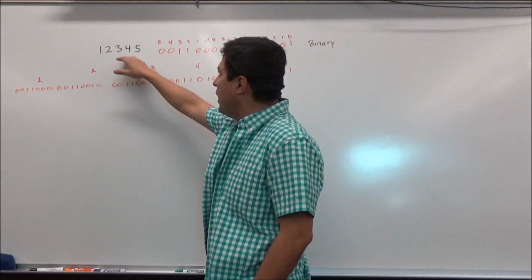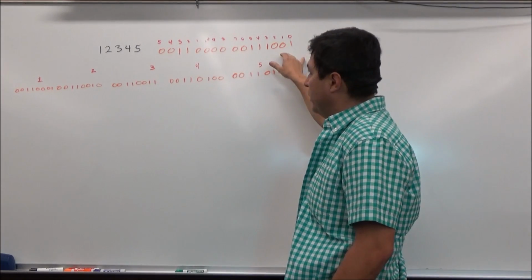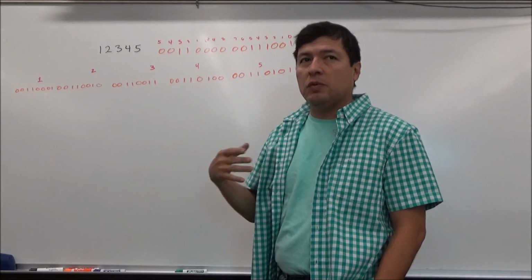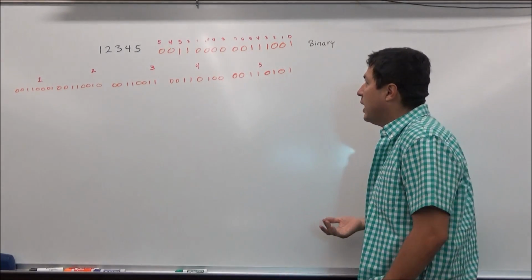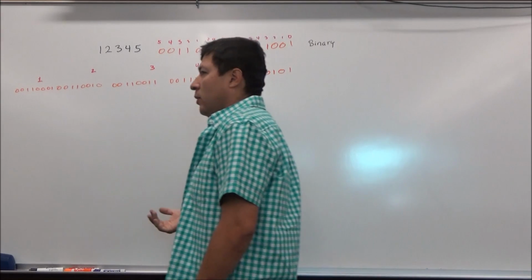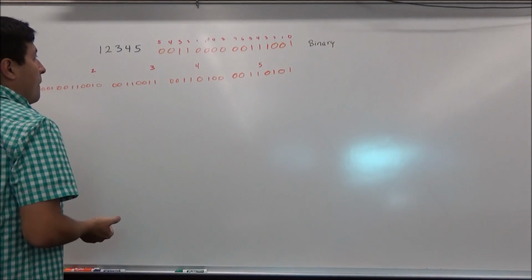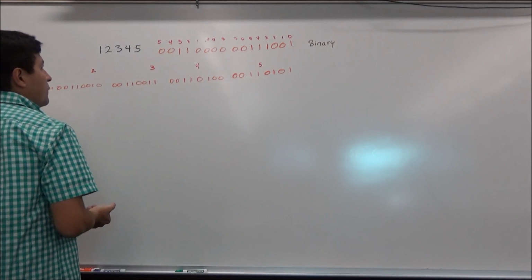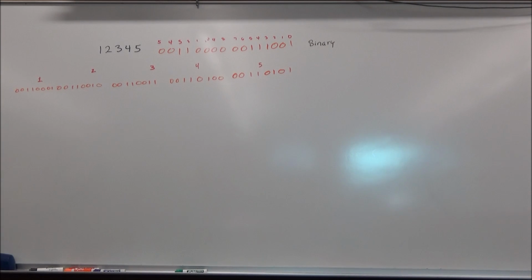So if this file is binary and I wanted to just open it in Notepad, see what it looks like, what do you think is going to show up? I don't know, let's take a look. So the last 8 is 1001.